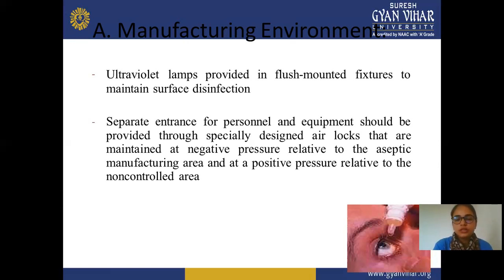Air pressure is generated, and it should be negative pressure, so that particles flow outside easily and the sterile area for aseptic manufacturing is maintained. These airlocks show negative pressure relative to the non-controlled area. If no particular condition is required in a non-controlled area, you can maintain positive pressure, but in the manufacturing area, you should maintain negative pressure only.